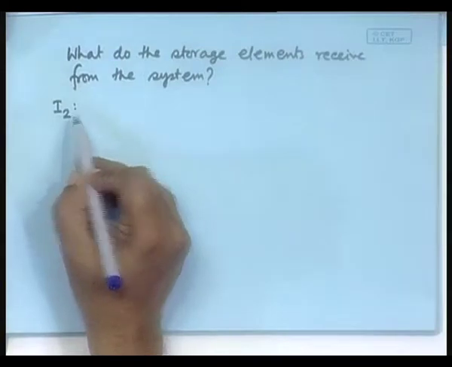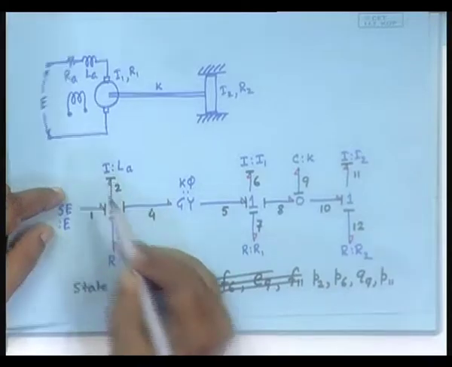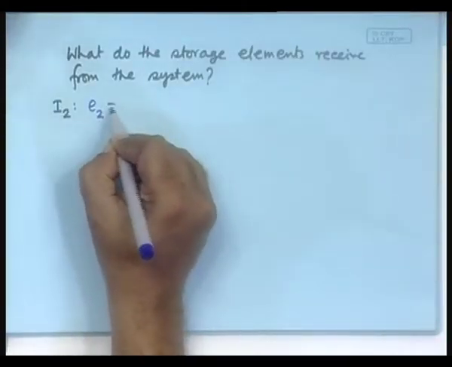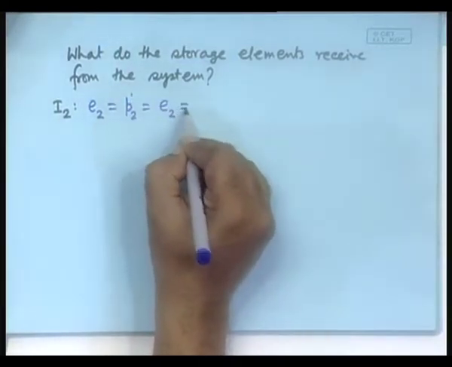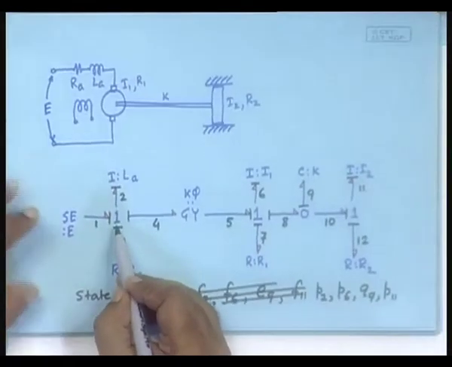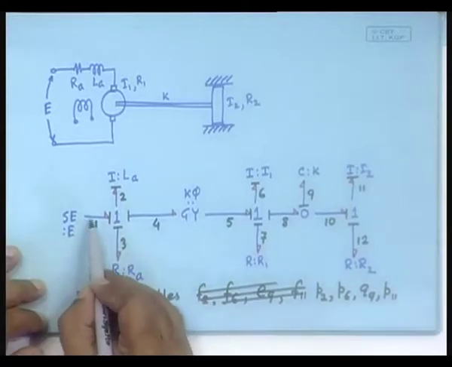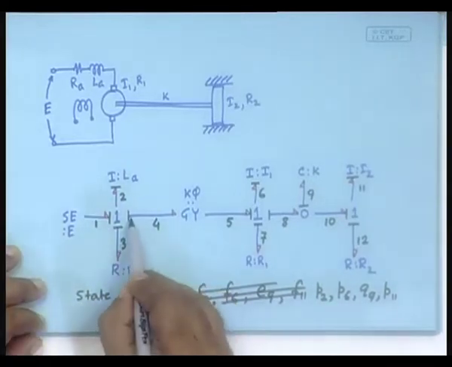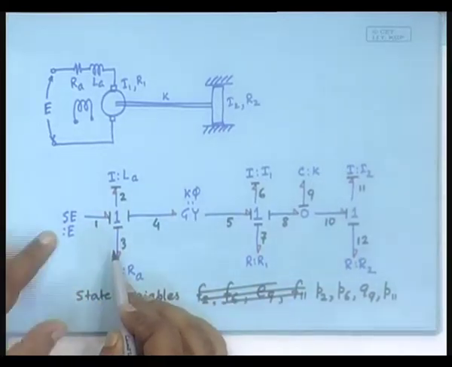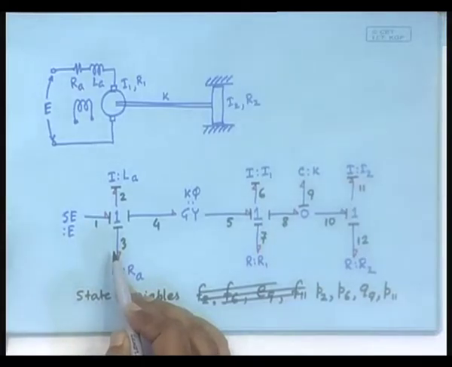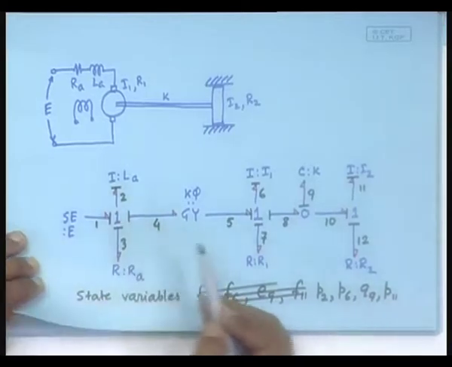What does it receive from the system? It receives effort 2. So, E2 is equal to P2 dot. Where do you obtain E2 from? It is a one junction, therefore E1 minus E3 minus E4 is equal to E2 because of the power directions. Are you now comfortable with how to set the pluses and minuses from the power directions?